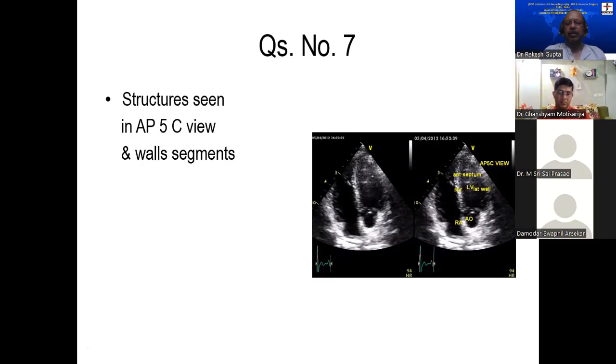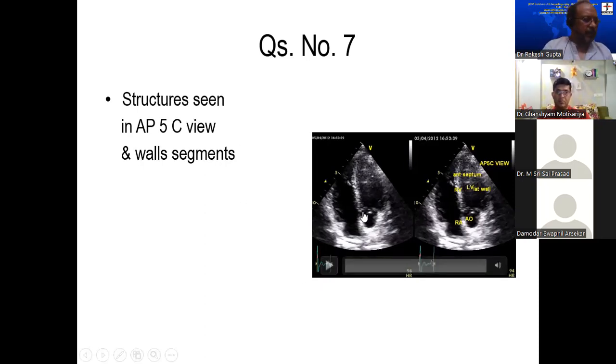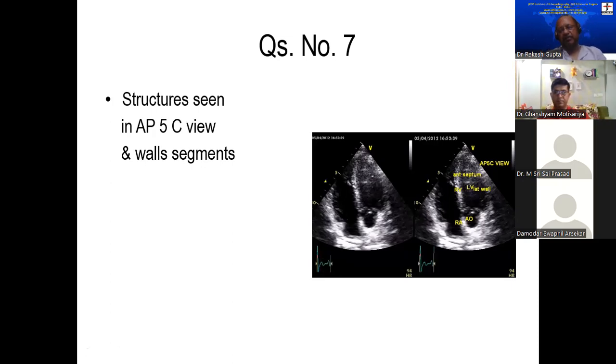Infero... This is the anterior septum. Anterior septum. Okay, sir. Rahul, spend time on reading. What is this wall? RV free wall. The RV free wall supply is derived from the right coronary artery, which branch? The RV branch of the right coronary artery, which arises from the proximal segment itself.